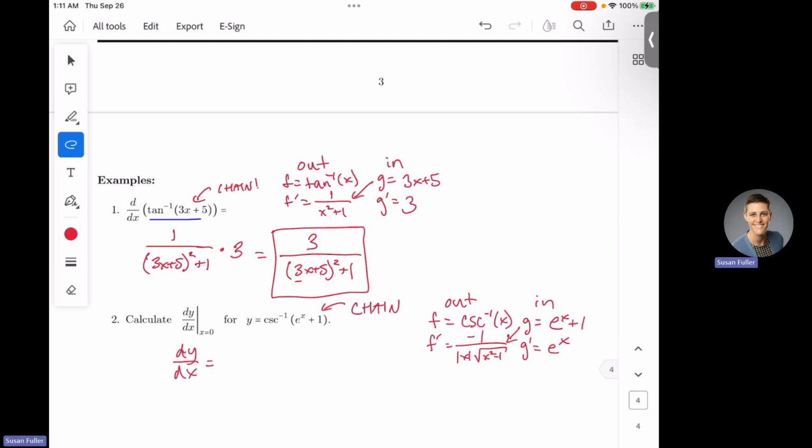The derivative of the function that we had here is going to be -1 over the absolute value of x, but instead of x, I'm going to plug g in, so I'm going to get e to the x plus 1, times the square root of x squared minus 1. But I don't just have an x, I'm going to plug g in for it. So I'm going to have e to the x plus 1 squared minus 1. That is f prime of g of x. And I have to multiply by g prime of x, which is e to the x.